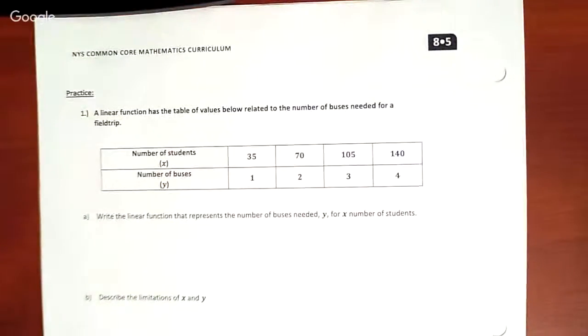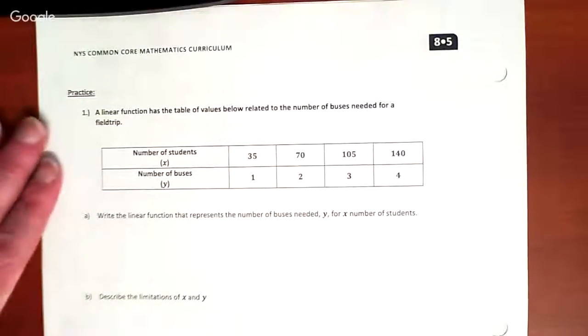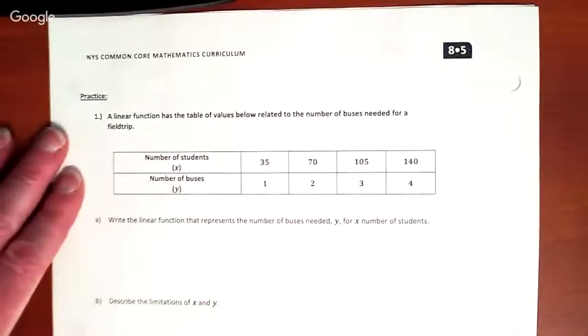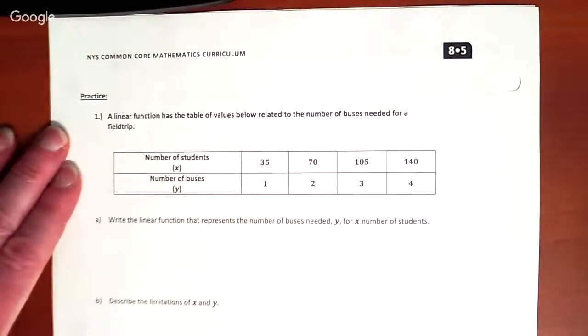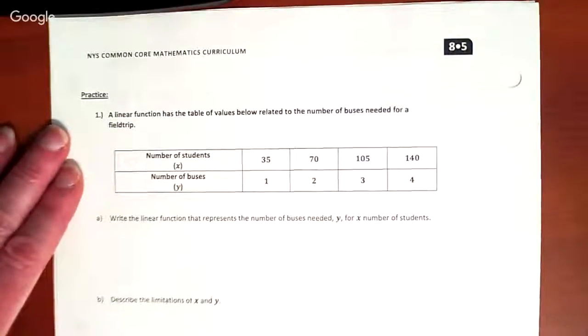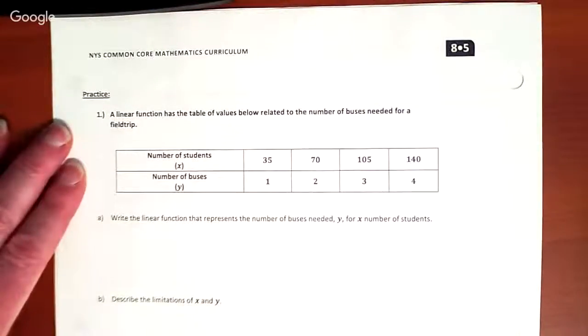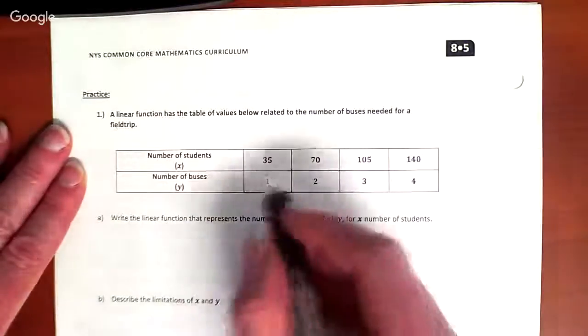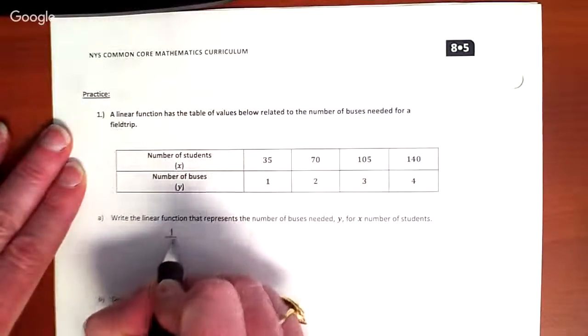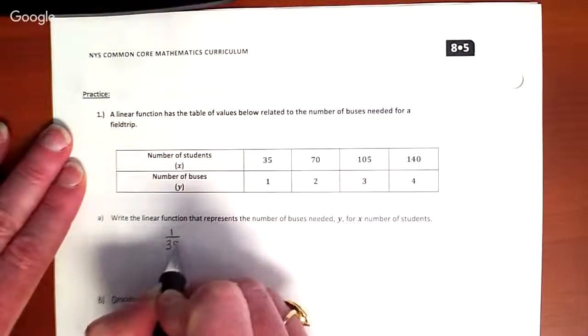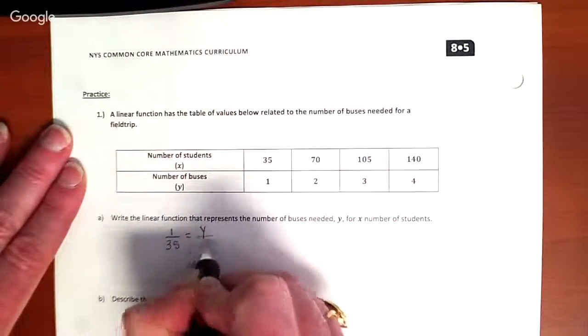So for practice, a linear function has a table of values below related to the number of buses needed for a field trip. Write a linear function that represents the number of buses needed, y, for x number of students. Well, as always, we have 1 over 35 equals y over x.